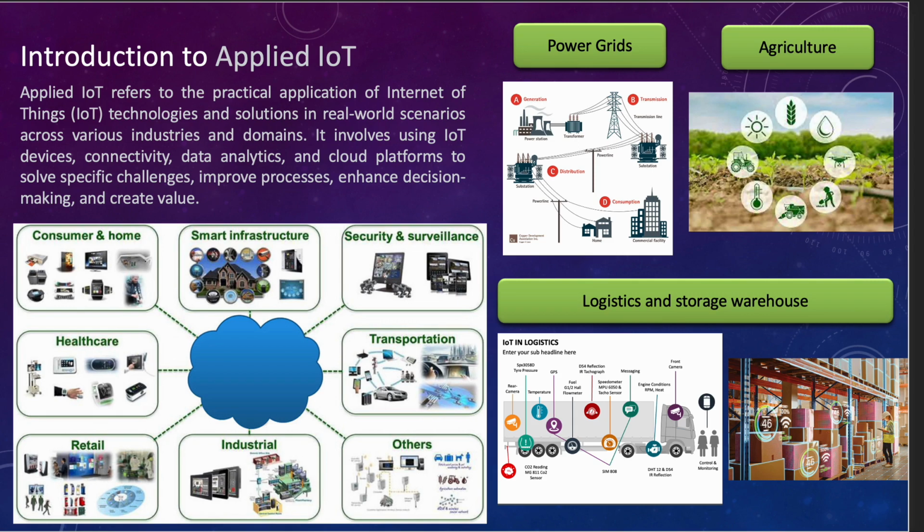By now, I think you have a complete understanding of how IoT is being used in real world scenarios. We have gone through plenty of examples, and I have even posted all those videos where IoT is used in different domains.